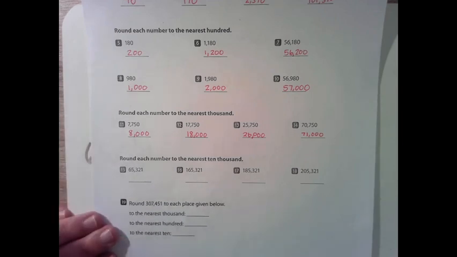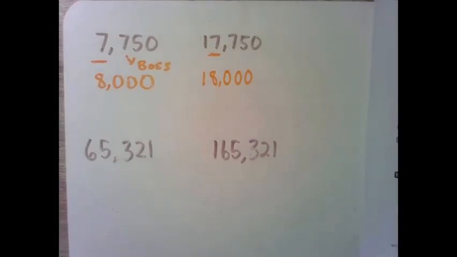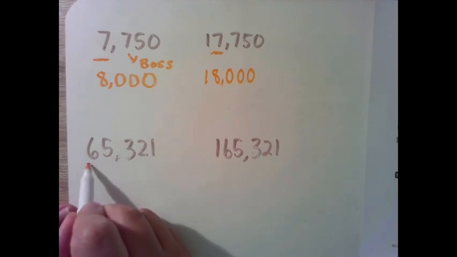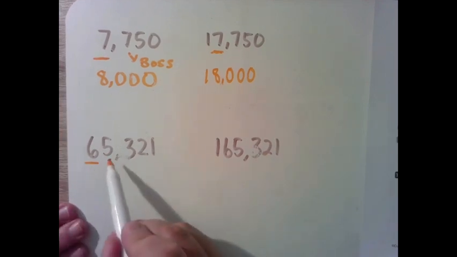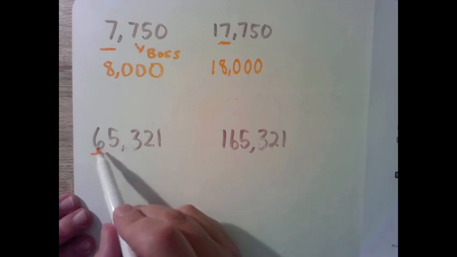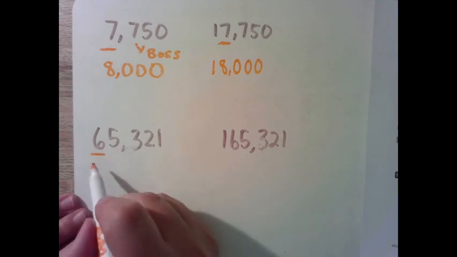All right, number 15 down here. Now we're rounding to the nearest 10,000. So we have 65,321. Since we're rounding to the nearest 10,000, we underline the digit in the 10,000s place. That's a 6. Our 5 is the boss. Again, 5 and above, so we give this digit a shove up one digit and make this 6 a 7.